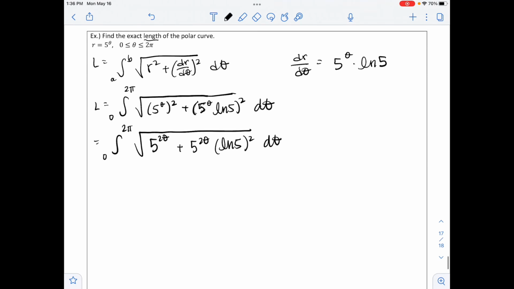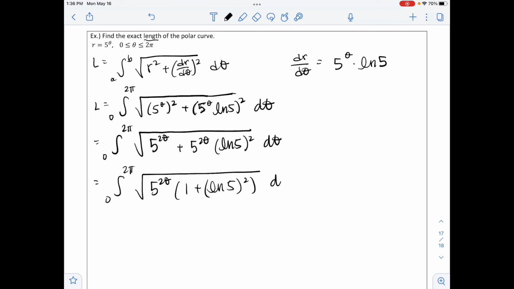And so now from here, there's a 5 to the 2 theta that we can factor out. And so we have the integral from 0 to 2 pi of the square root of 5 to the 2 theta times 1 plus ln of 5 squared d theta. And so you're able to take the square root of each of these factors independently.